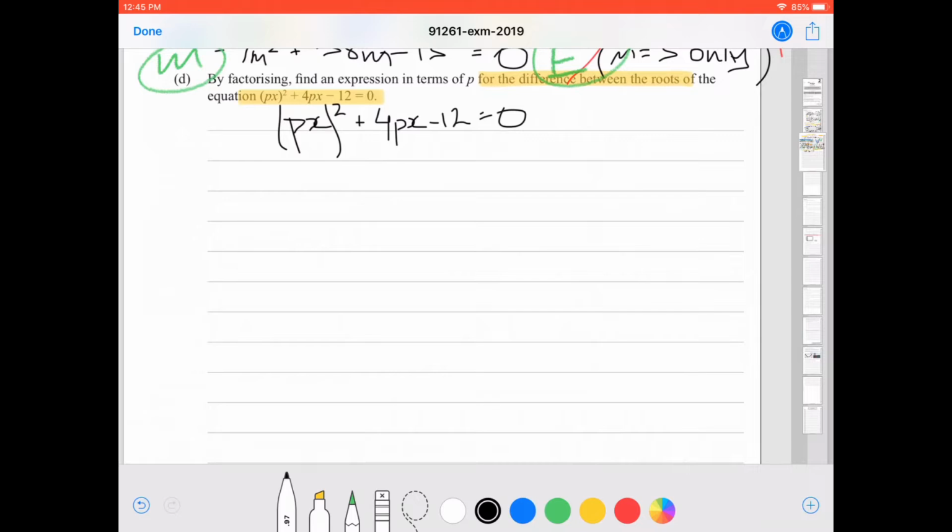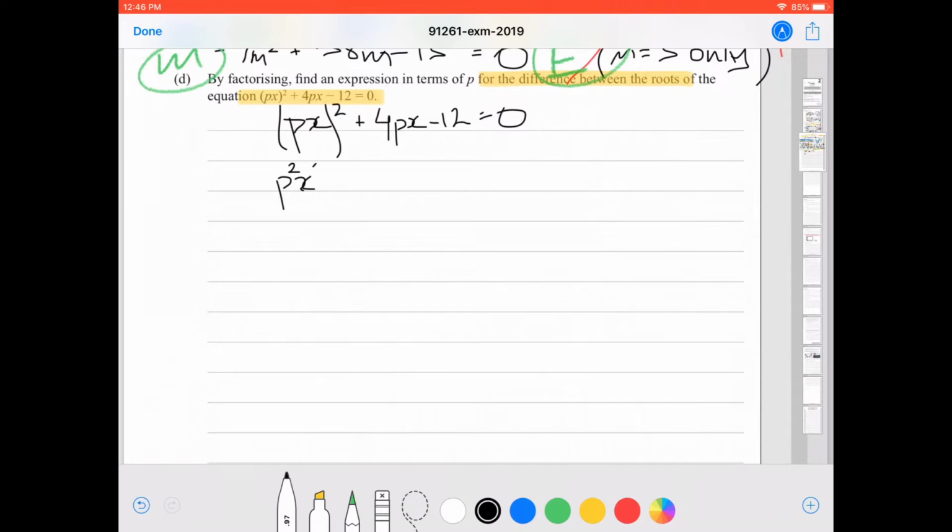And so the first thing we need to do is decide what our roots are. You might see the (px) all squared and 4px in this equation and possibly jump straight to the quadratic formula. But let's expand our equation.